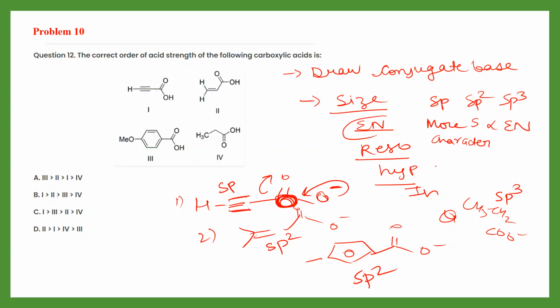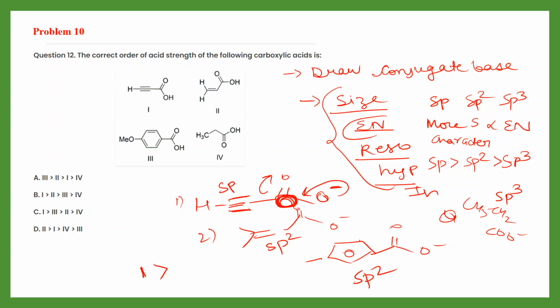Then sp is greater than sp2, and sp2 is greater than sp3. Exactly. So among these options, option 1 will be in front, right? Because all others are sp2. Because we have to apply these rules in order. Next is your resonance factor. So which is greatest?